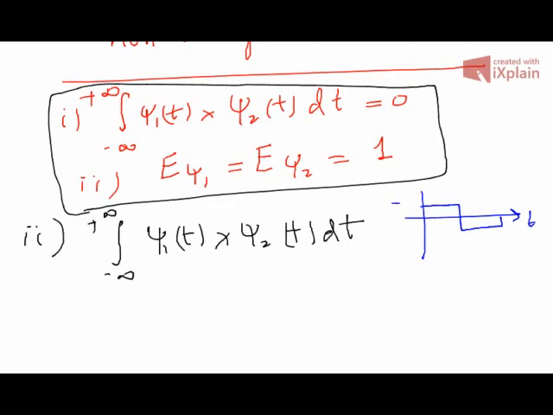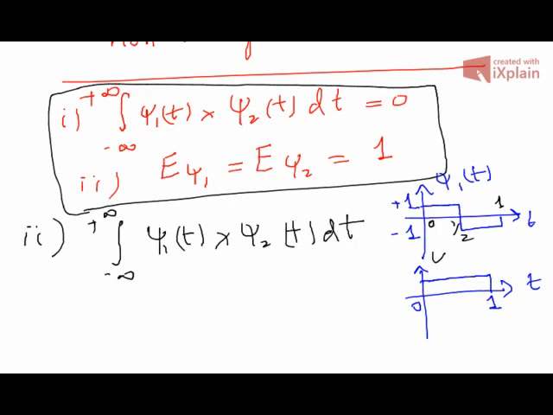It's plus 1 and minus 1, from 0 to half and half to 1. This is psi 1 of t, right? Similarly we have psi 2 of t, which is throughout 1, from 0 to 1. This is my psi 2 of t, so it is plus 1 from 0 to 1.